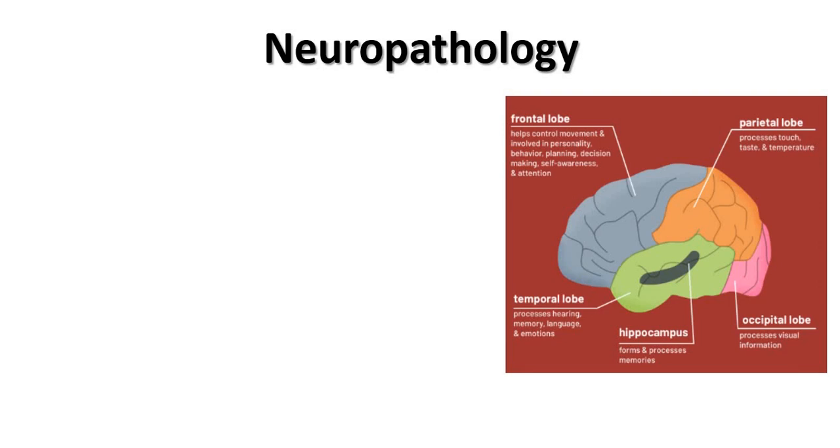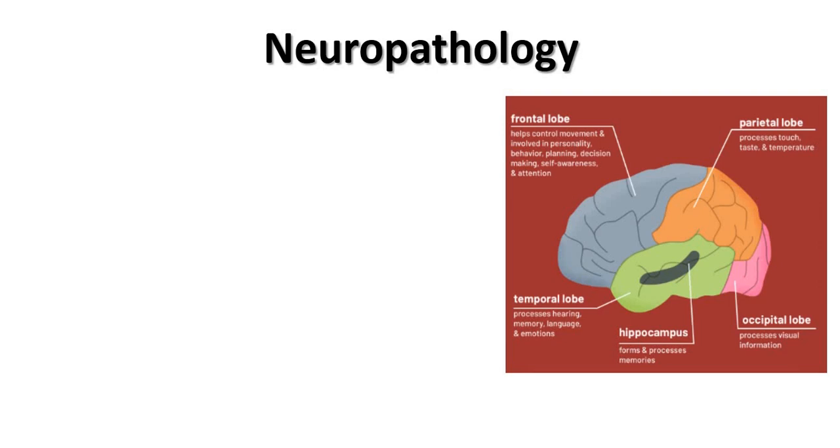And temporal lobe processes hearing, memory, language, emotions. And frontal lobe helps to control movement, involved in personality, behavior, planning, decision making, who you are, that is self awareness and attention.